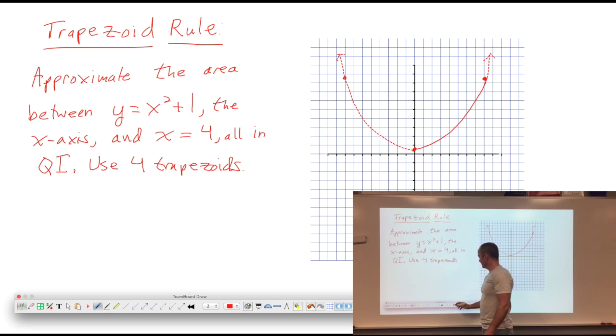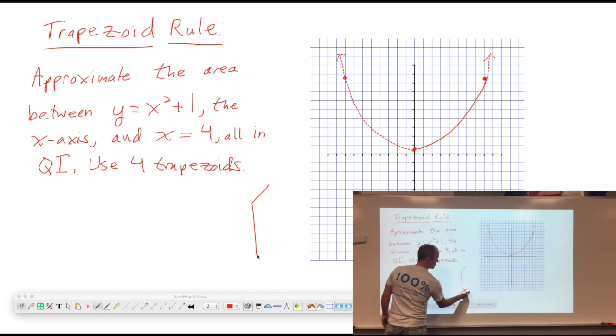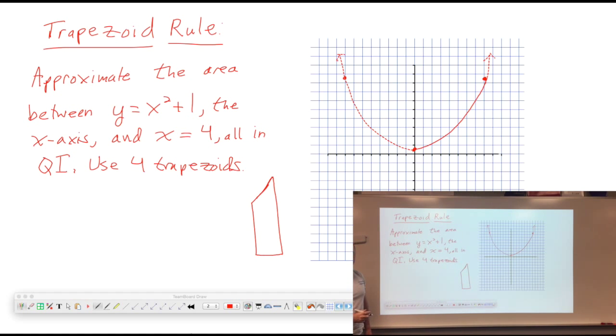Now, the kind of trapezoids we're going to draw look like this. It's not what most people picture when they think of a trapezoid. Most people think of that regular trapezoid that's on its side. This shape is used for a particular reason. Now, the notation can get a little bit confusing.